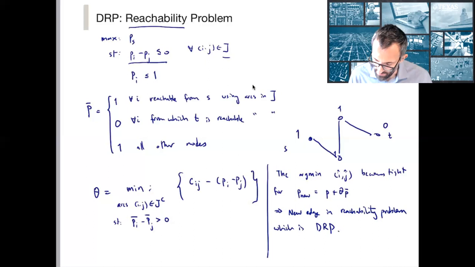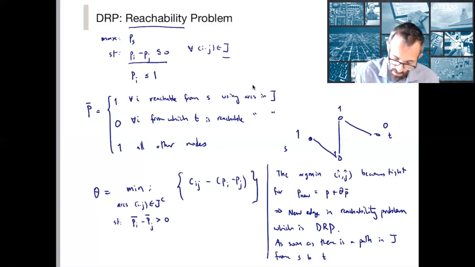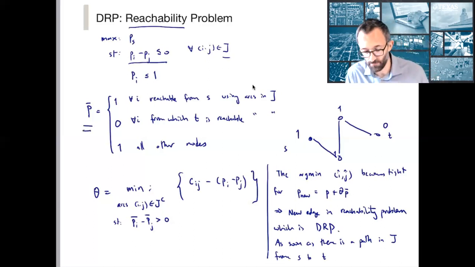And what happens as soon as there is a path using edges from J from S to T? So what happens? Look at the solution. Look at P bar here.